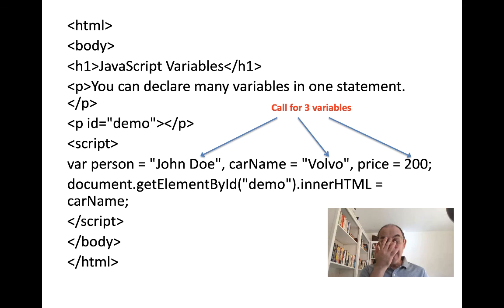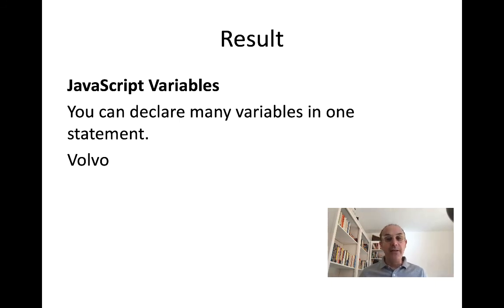In this case, the variables are declared, and we can decide what will be displayed in our JavaScript. I can have car name, but I can, for example, change it to call the person or the price. It's up to you to decide how to do that.